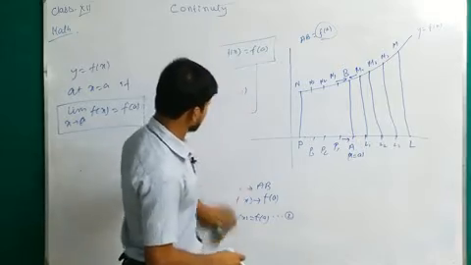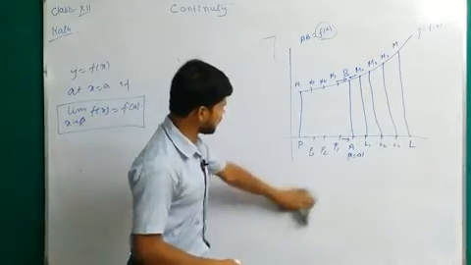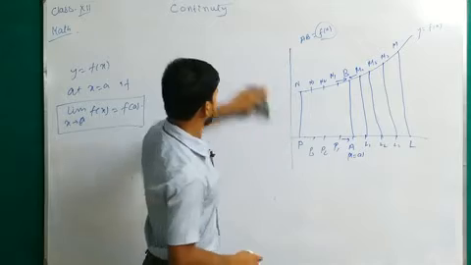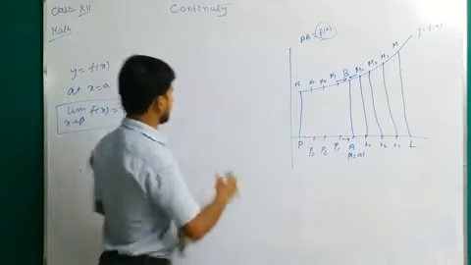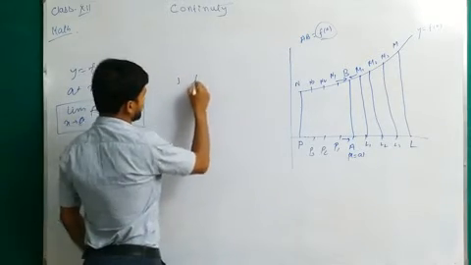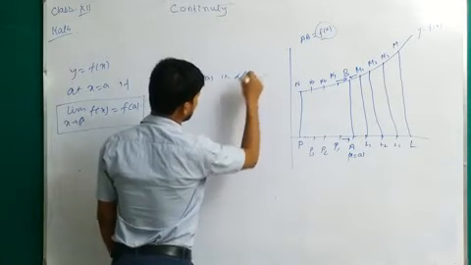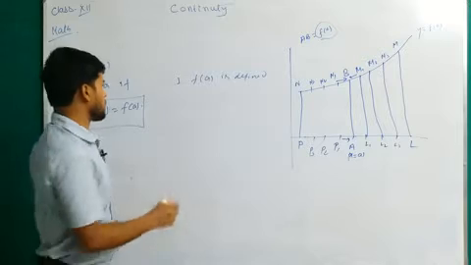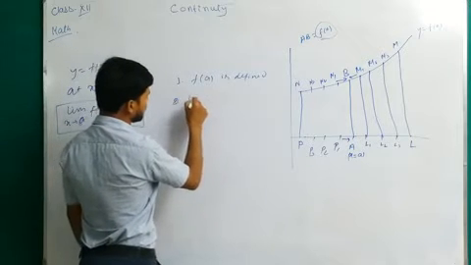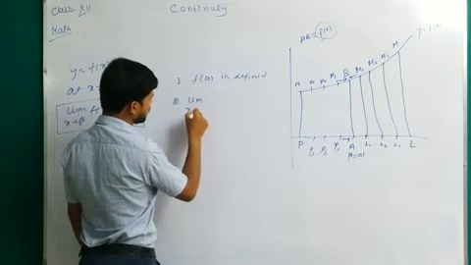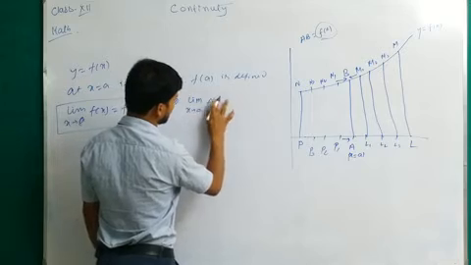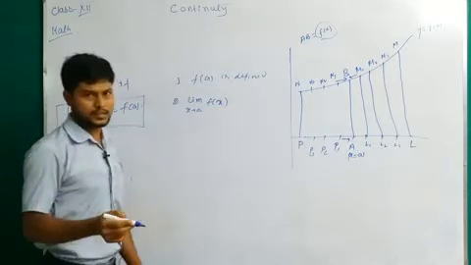Now look, for a curve to be continuous, three conditions must be satisfied. Number one, f of a is defined at the point a. Number two, limit x tends to a, f of x must exist.